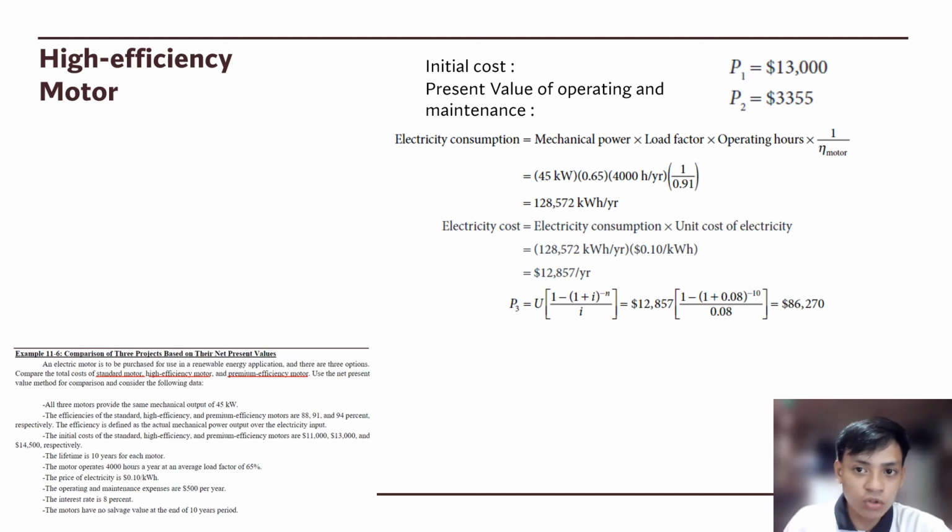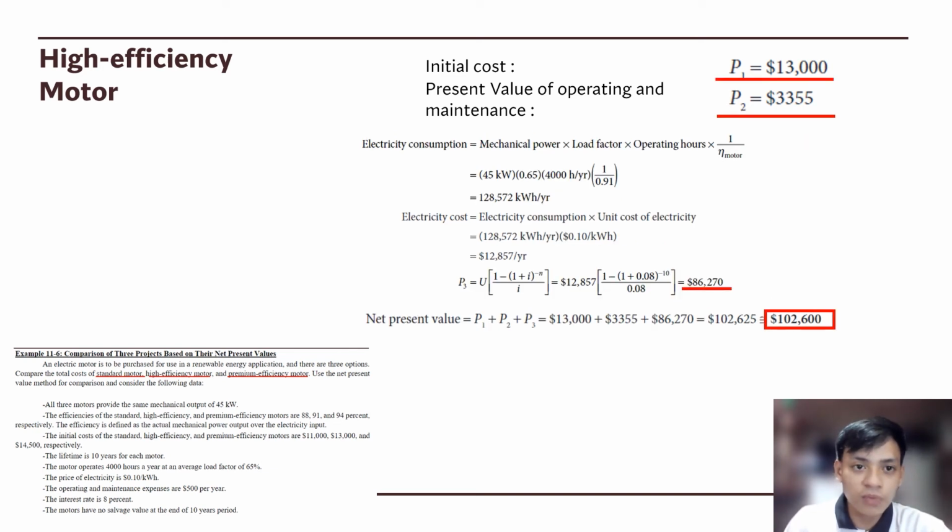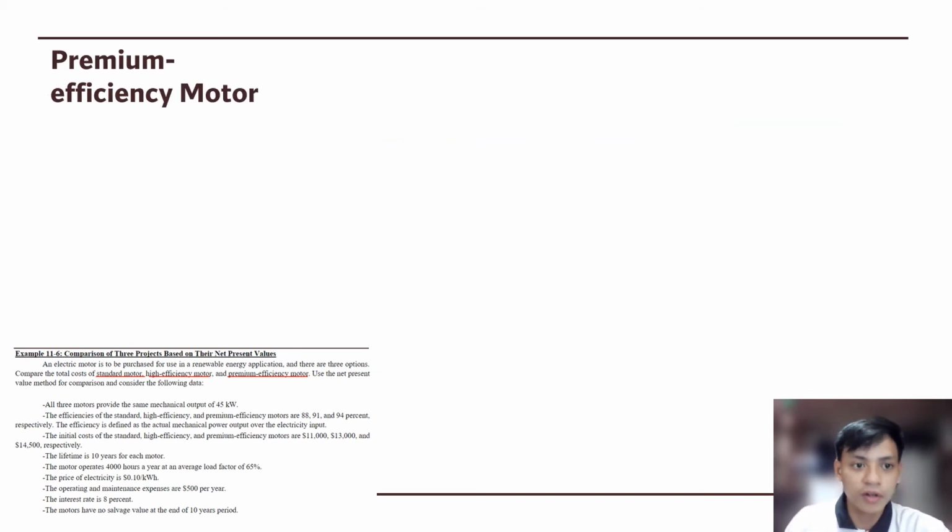The present value due to electricity cost is $86,270. That is the third present value for the high efficiency motor. Again, by adding these present values, we get the net present value for the high efficiency motor, which is $102,600. That is the total cost for the high efficiency motor.